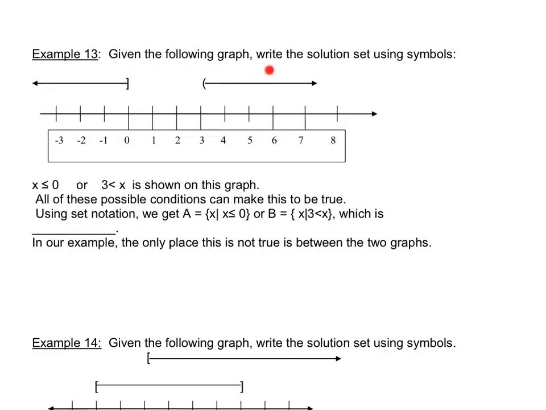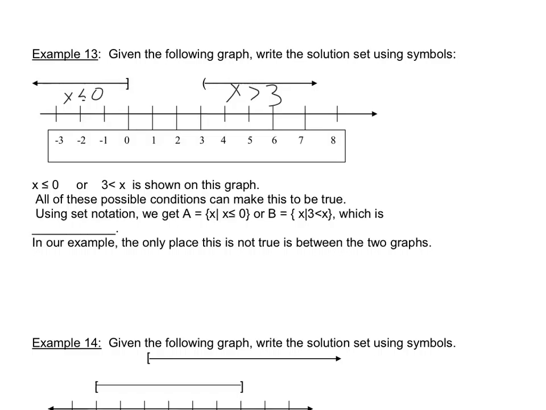Okay, given the following graph, write the solution set using the symbols. Okay, so I look at this and I see this is x is less than or equal to 0. This one is x is greater than 3. So you can write them like here.